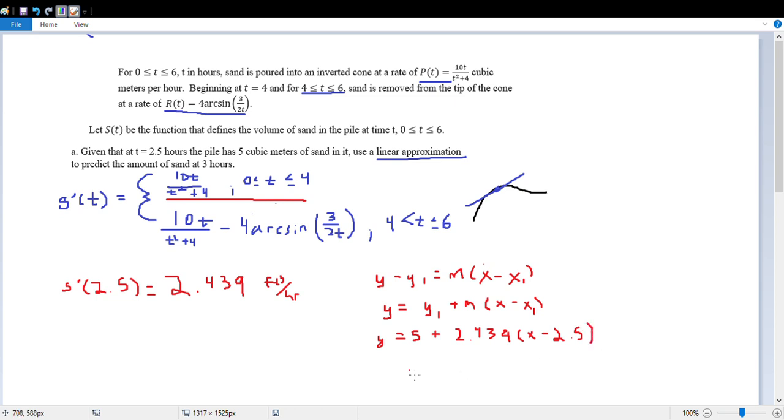Okay, now that we have that equation, we can simply evaluate what amount there must be at time 3 by plugging 3 into our equation. So we're going to say it's approximately, we're just going to plug 3 in right here to our tangent line equation. And again, we'll let the calculator do that for us.